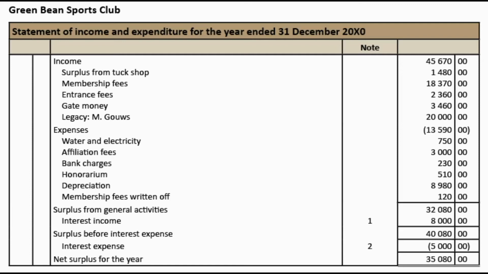Okay, affiliation fees, that is what we paid. We got that straight from the pre-adjustment trial balance, 3,000. Bank charges, 230, directly from the pre-adjustment trial balance. And then the honorarium. Now you must go back to your honorarium account, which I said you must open, to see what the total in that account is.